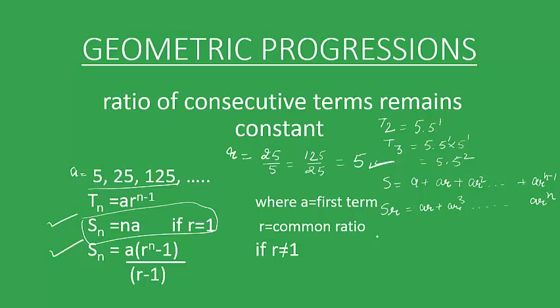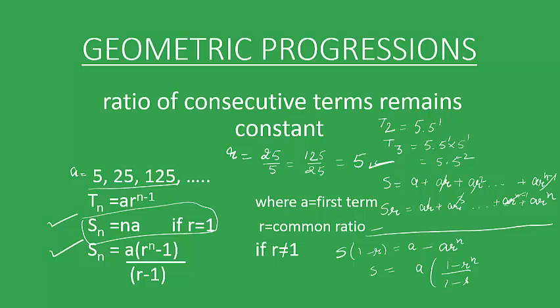If we subtract these two equations, we obtain, by taking S common, S into (1 minus r) is equal to a minus ar to the power n. As you will see, the middle terms cancel out, and we are left with only these particular terms, so the sum comes out to be a into (1 minus r raised to the power n) upon (1 minus r).